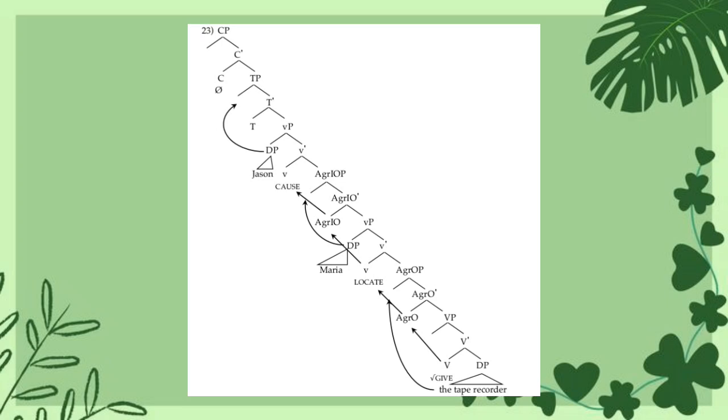This gives the correct surface order. There are, of course, a number of open issues here, not least of which the relationship between the two structures for the verb give. However, these complex split VP structures seem to provide a mechanism for explaining the hierarchical properties of the transitive verbs and the case marking of their arguments, and provide an explanation for such diverse facts as double object constructions and object shift.